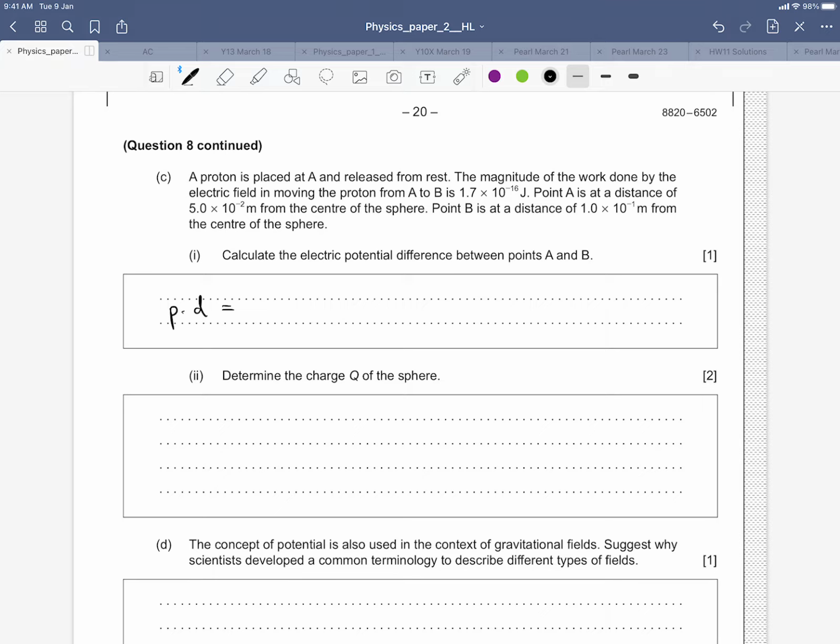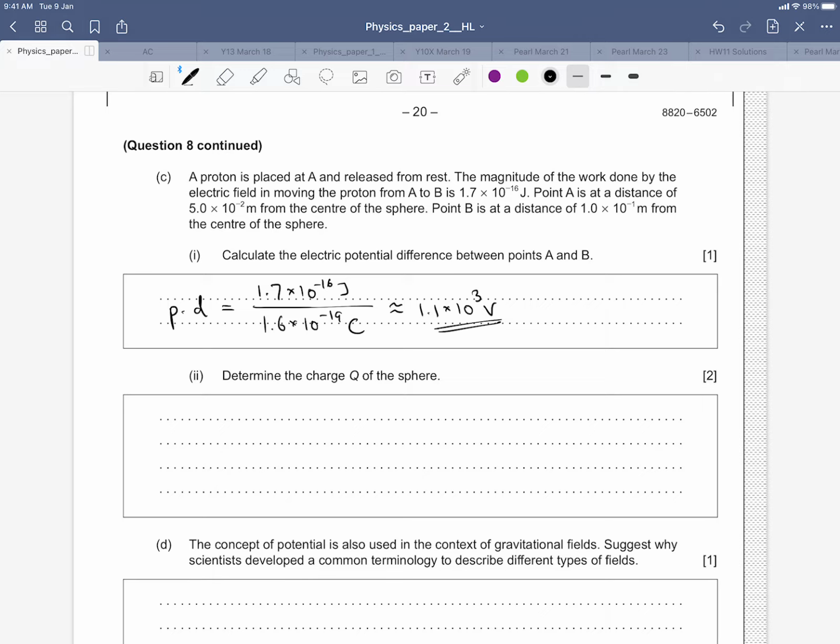So moving from A to B, this is the amount of work done by the electric field, and the charge that we moved was just a proton, the elementary charge, 1.6 times 10 to the negative 19 coulomb, and that is going to give us, rounded off to 2 significant figures, 1100 volts.